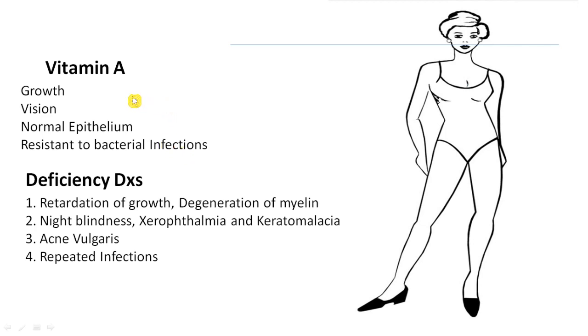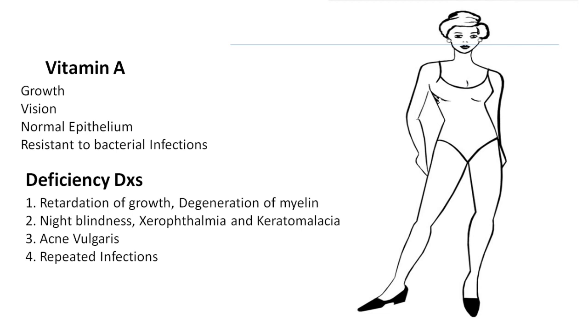It helps in the maintenance of the normal epithelium, and it also helps in resistance to bacterial infection. So you can remember from the top: growth, then vision, then the normal epithelium, and along with the epithelium, that it is resistant to bacterial infections.